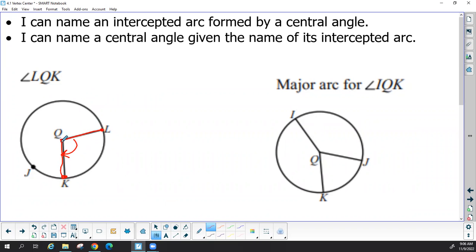And this vertex of my angle also happens to be the center of the circle. And so when it comes to circles, when I have an angle whose vertex is at the center, we call this thing a central angle.